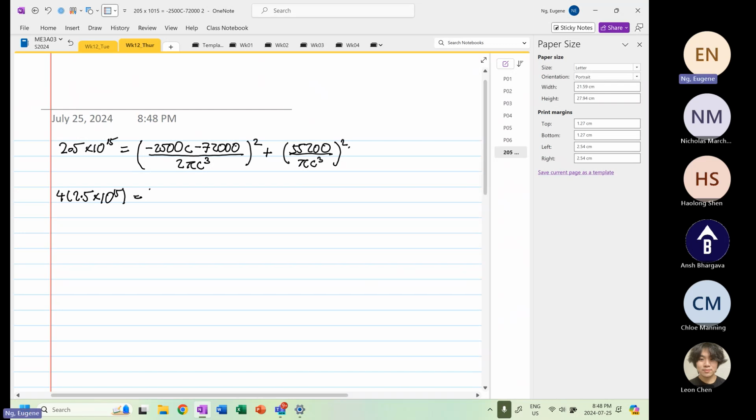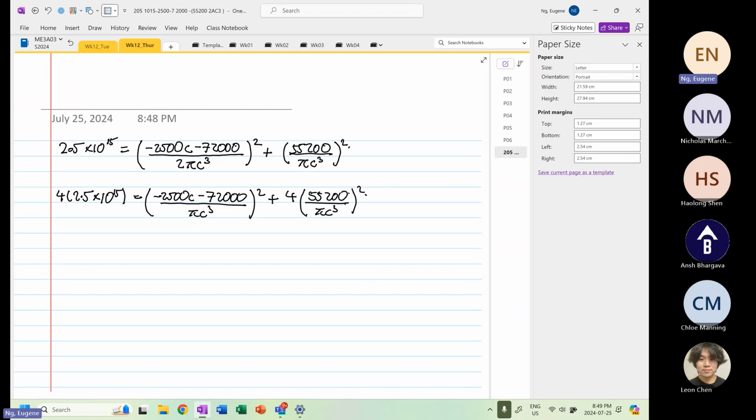So this will be equal to minus 2500 C minus 72123 divided by pi C cubed, the whole thing squared, plus 4 on the outside, 55200 over pi C cubed, the whole thing squared.